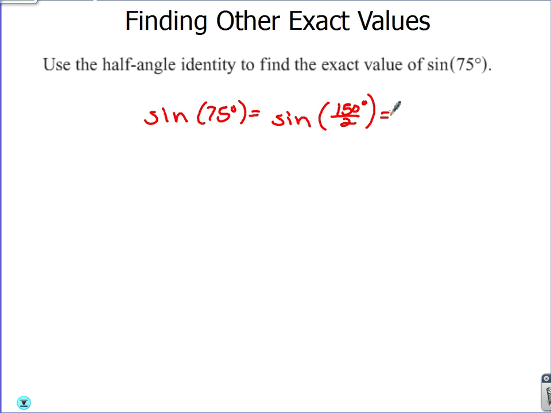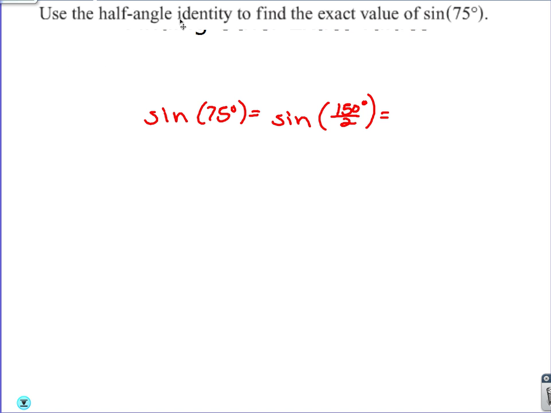Let me scoot this out of the way. Your formula states this. I'll write it right above it. The sine of theta over 2 equals plus and minus the square root of 1 minus the cosine of theta over 2.